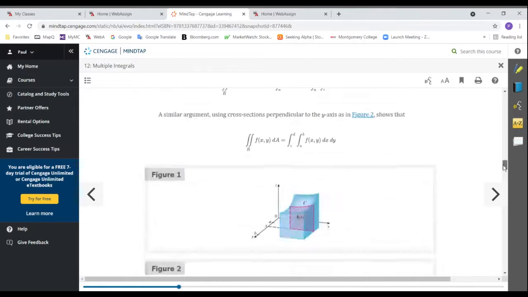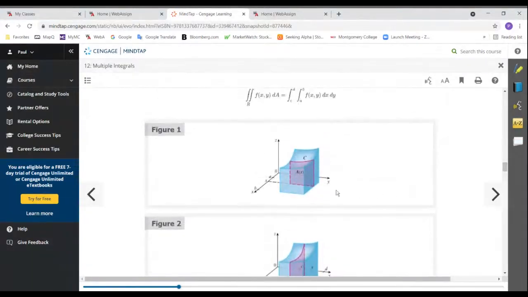If you actually look at figure 1, the A(x) is an area below the function f(x,y).